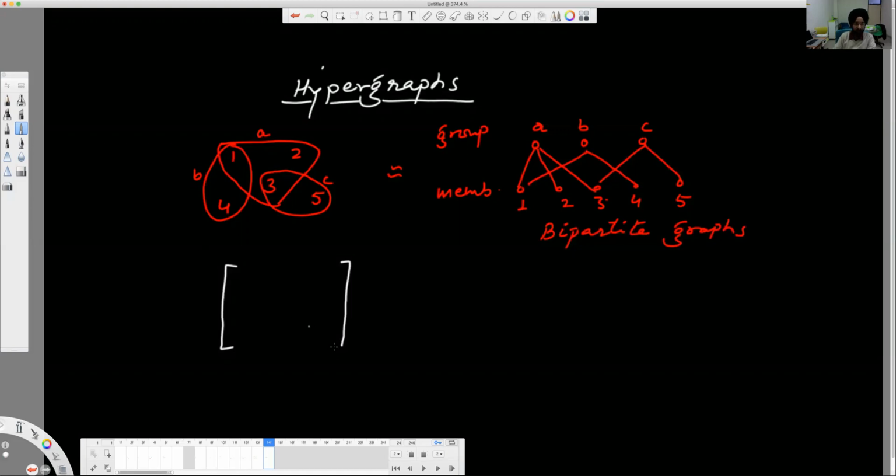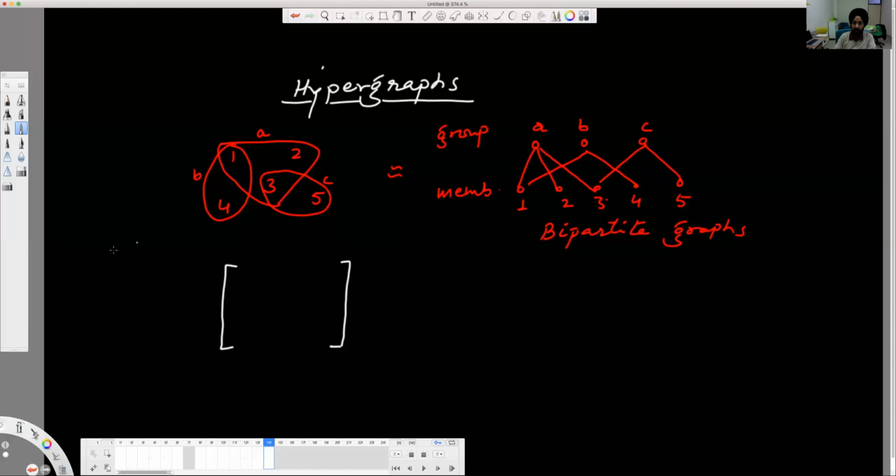So there will be an edge between 2 nodes if a node in layer 2 belongs to group A, right?